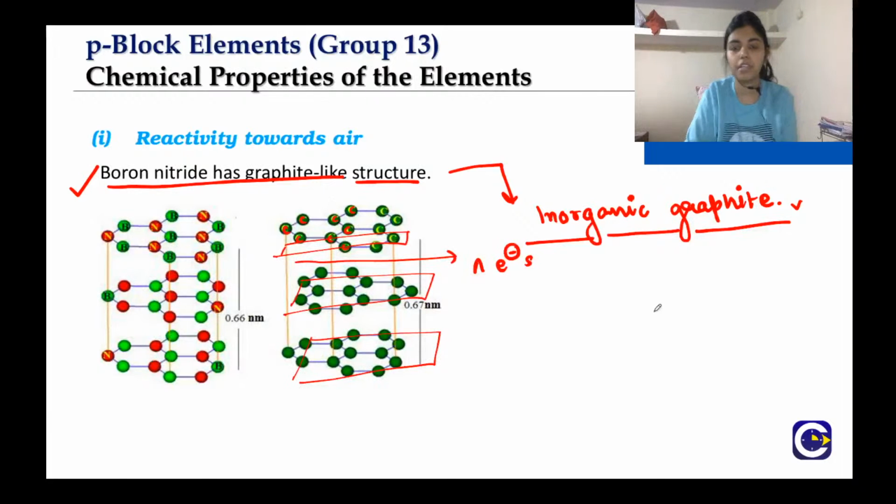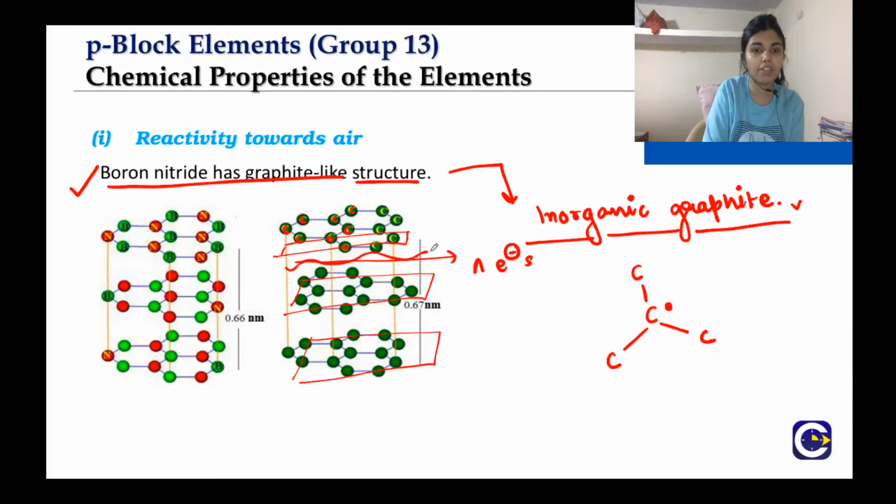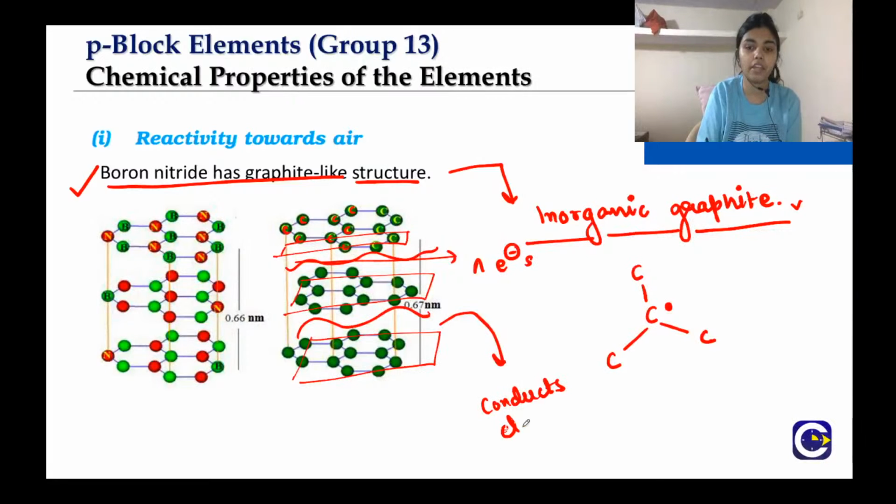See, in the graphite structure, carbon is bonded to 3 other carbons, and 1 electron that is left here basically forms a sea of electrons, right? So each carbon atom will have one electron free, and this is the reason why graphite conducts electricity. It conducts electricity due to this 4th electron which is present on each carbon atom, and this is known as what?